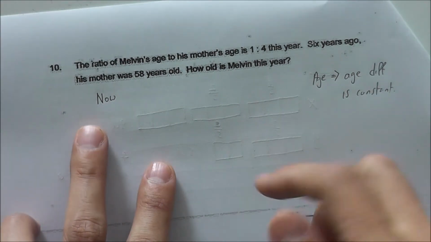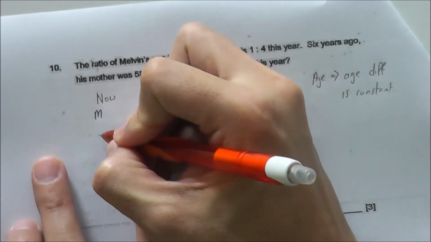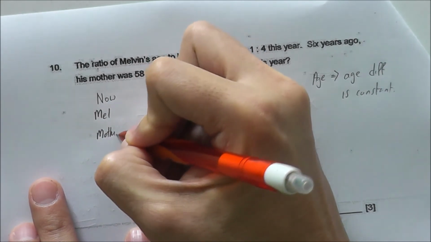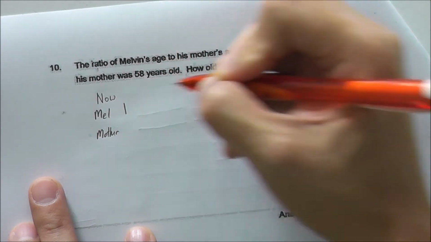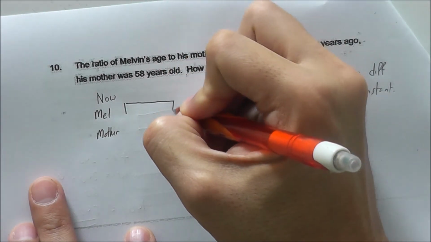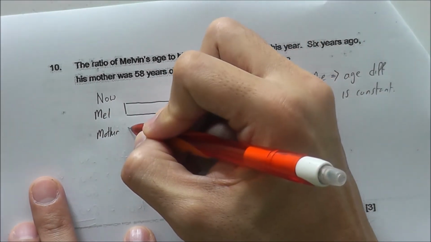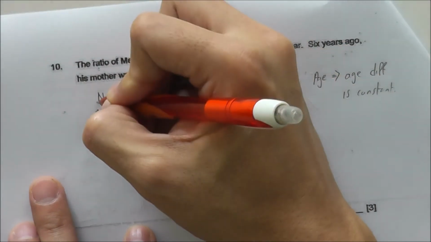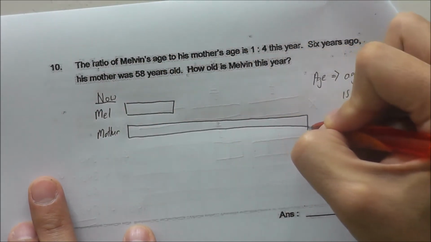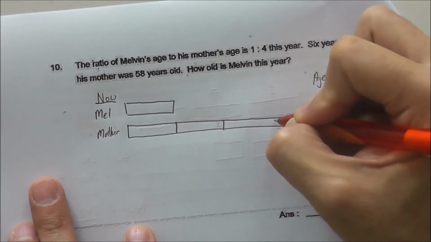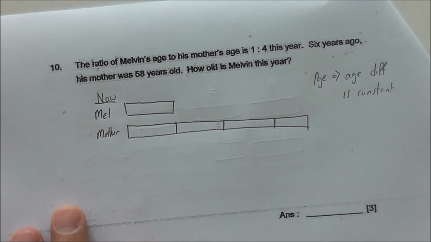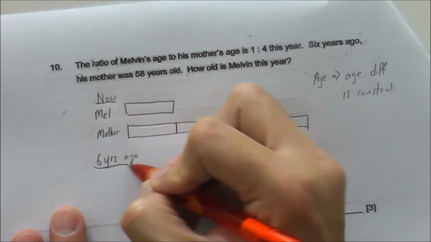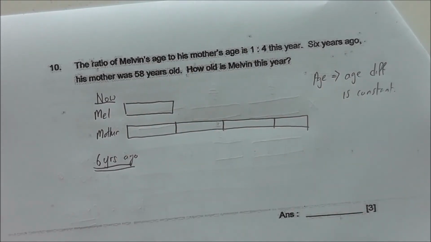So guys, now, if you have Melvin and his mother, Melvin would be 1 unit and his mother would be 4 units. 1, 2, 3, 4. Okay, so 6 years ago, right? Guys, 6 years ago, what do I mean?